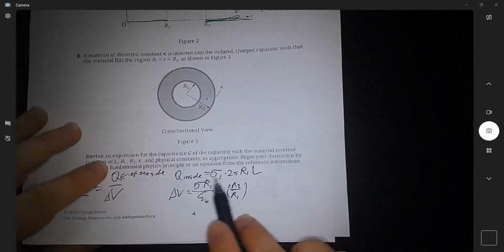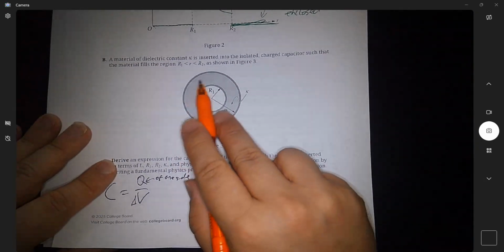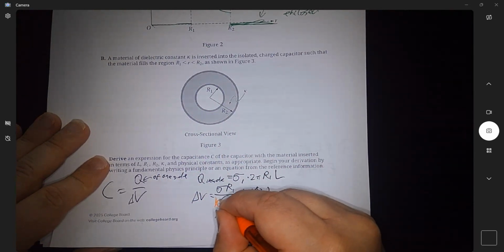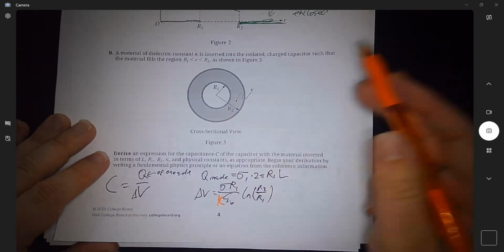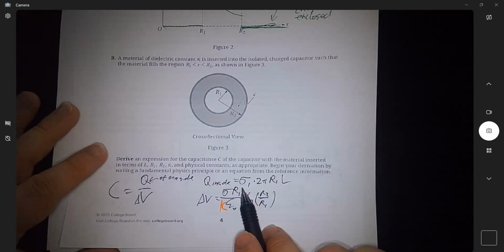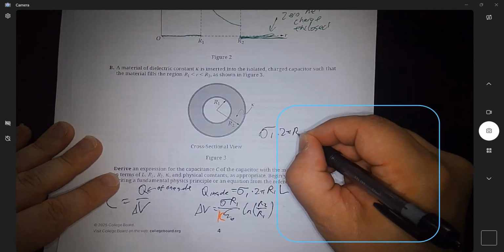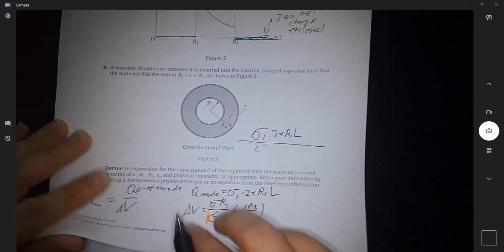That's the charge. Okay. And then now watch what I'm going to say. Because we filled this in with kappa, kappa is going to multiply into epsilon naught. So anywhere where you have a non-empty space material, kappa multiplies into epsilon naught. So let's just go ahead and divide one by the other and let's see what happens. Sigma 1 times 2 pi R1 L over sigma, was this sigma 1?